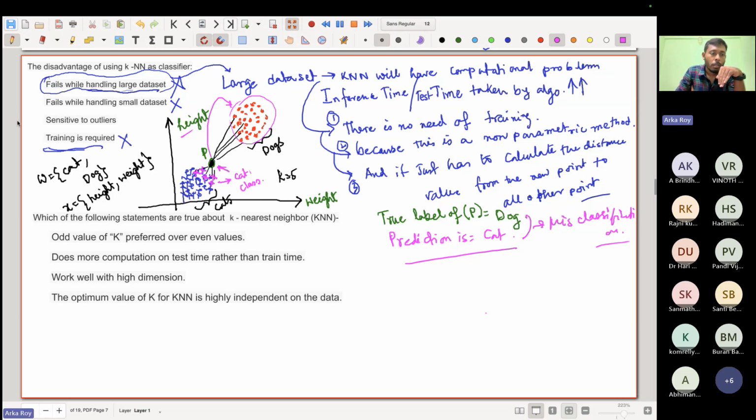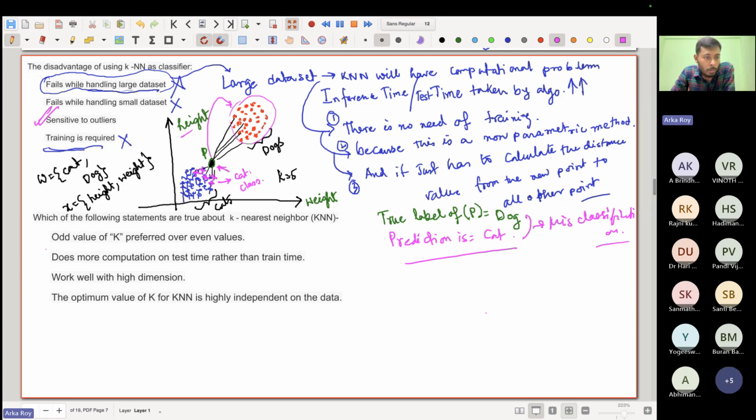Therefore, this particular option is correct so far as the classification point of view is concerned, because the outlier may lead to misclassification. So that is why this is the correct answer.